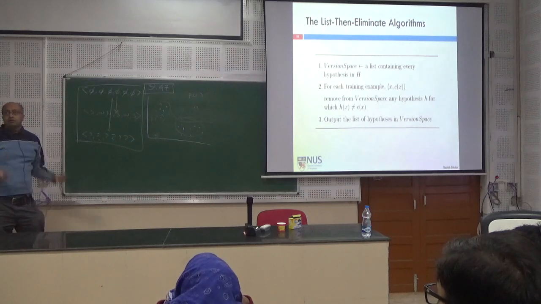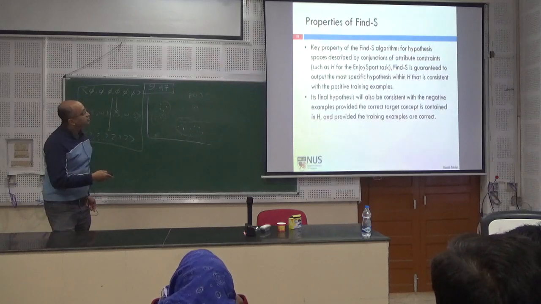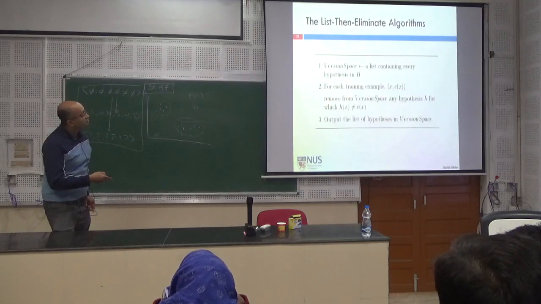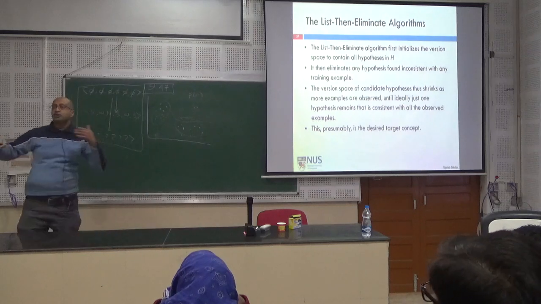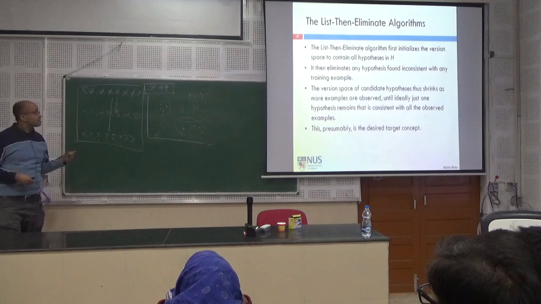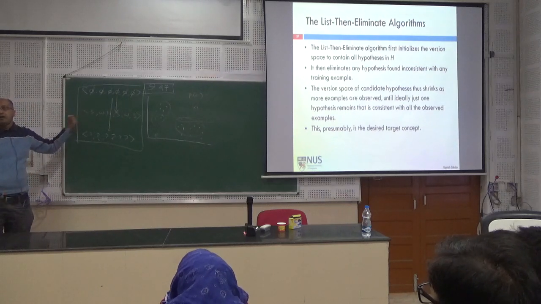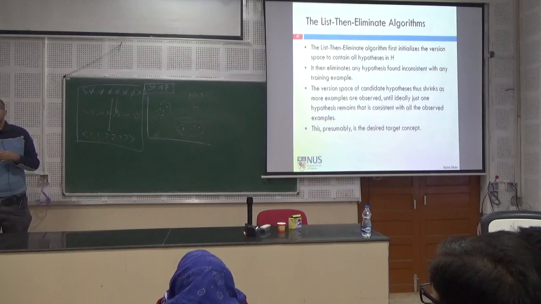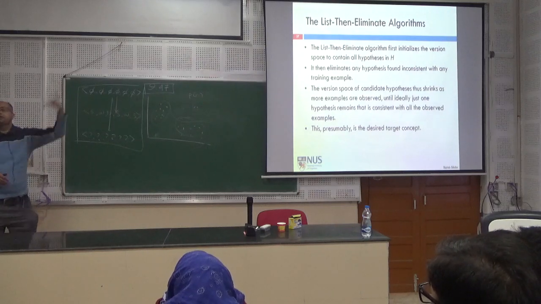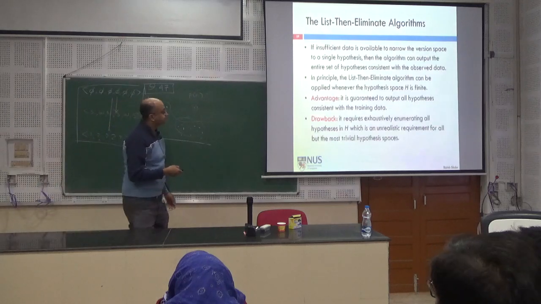But since we have this more specific than and more restrictive than relationship, we don't really have to test each and every one. Once we know that something is more specific than a hypothesis that satisfies it, we can eliminate those anyway. And we'll see how that happens.